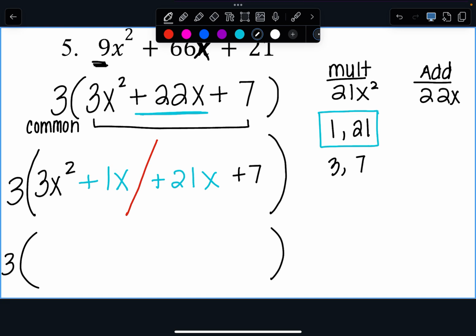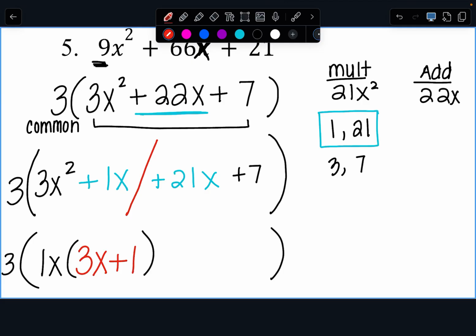What do these first 2 pieces have in common? Just a 1x. When we divide them both by 1x, what's left over? 3x plus 1.